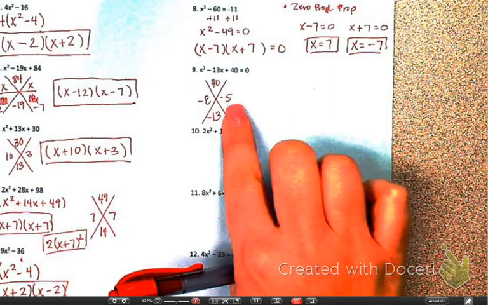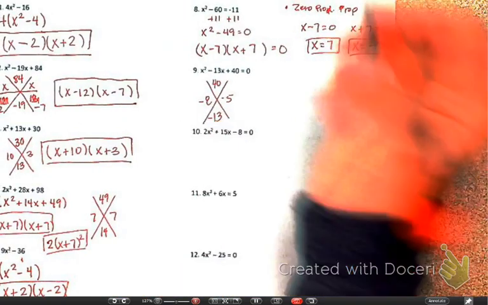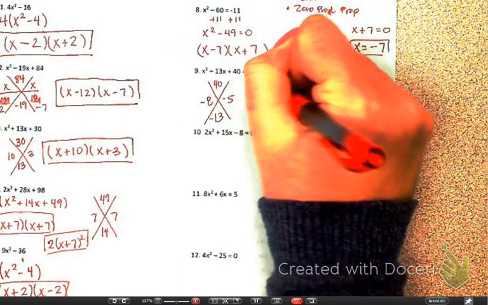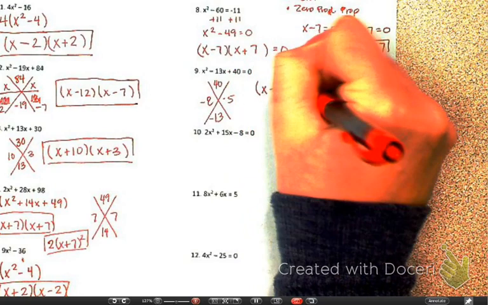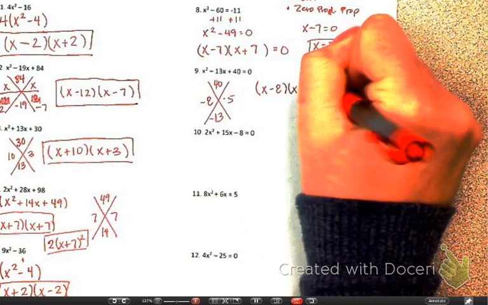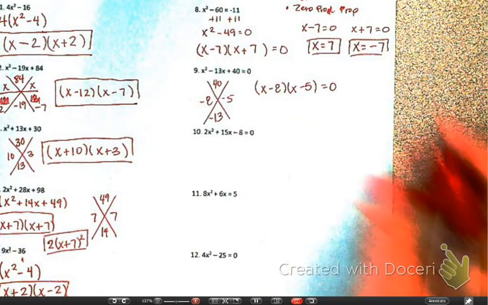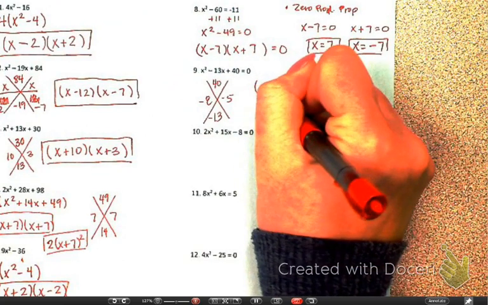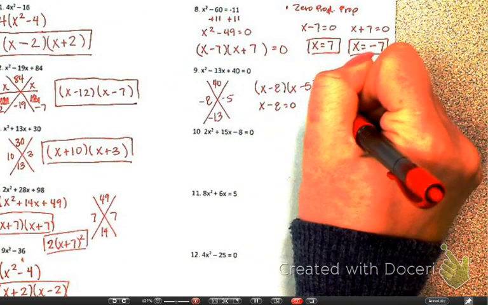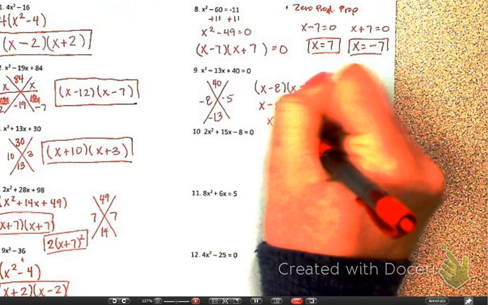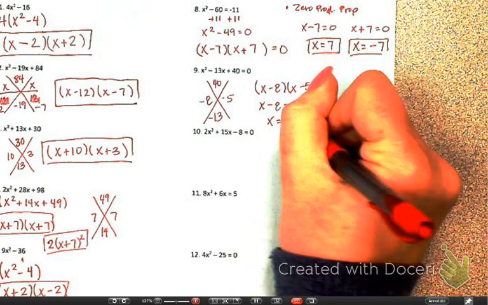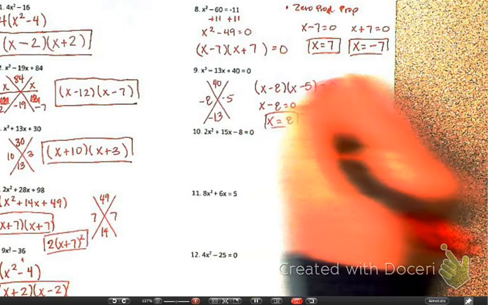Negative 8 minus 5 is negative 13. So in factored form, x minus 8 times x minus 5 equals 0. Set each factor equal to 0. What does x equal? 8 and 5.